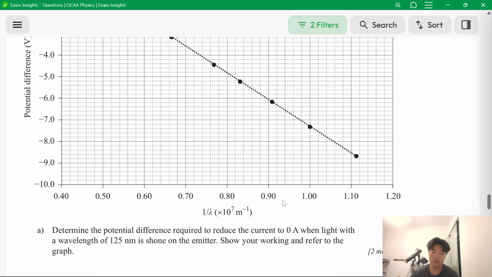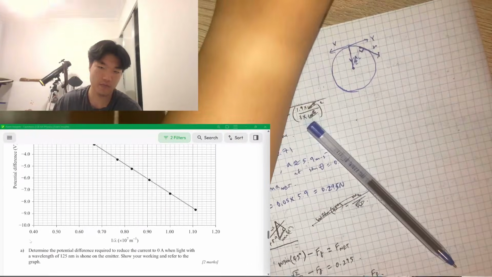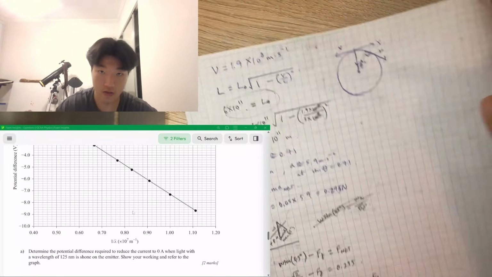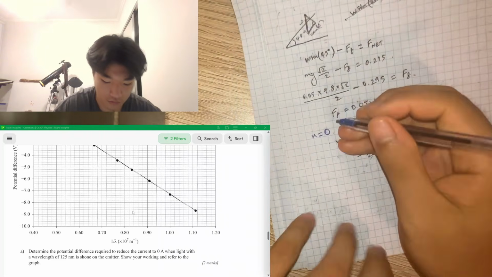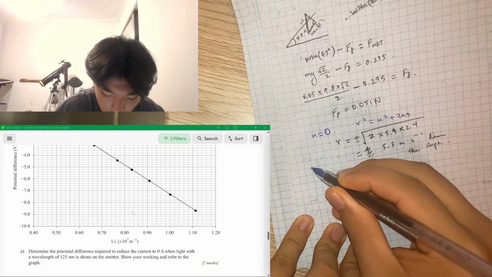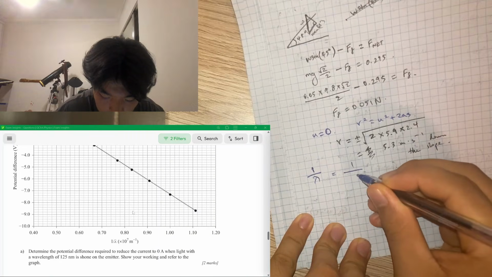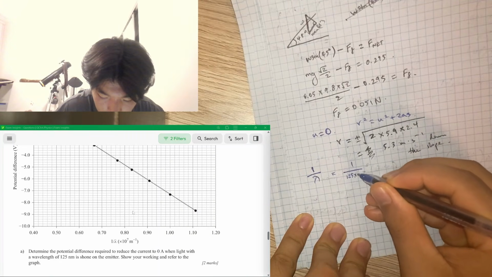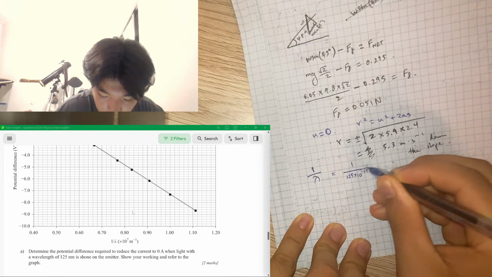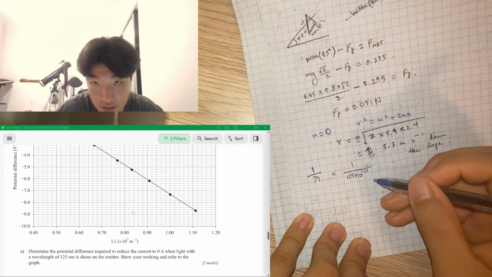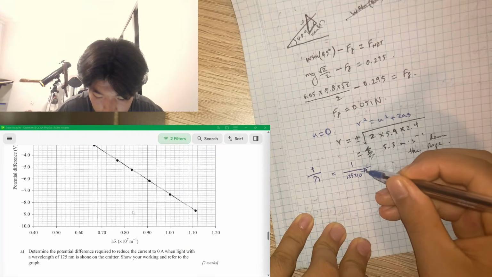Okay, this is pretty simple. 125 nanometers. How much is that? Well, 1 over lambda is the x-axis. So in this case, we want 125 nanometers, so it's 125 times 10 to the negative 9.